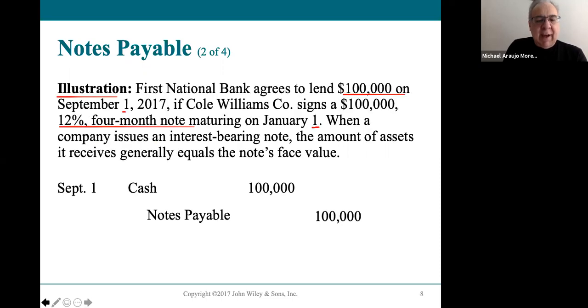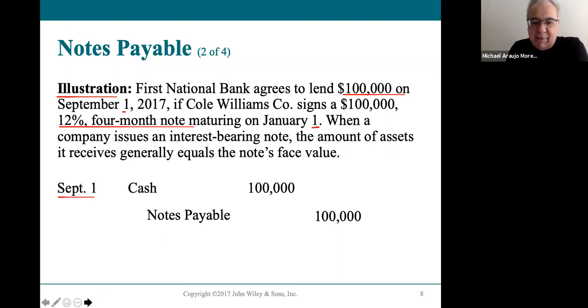Well, it's simply going to be a debit to cash and a credit to notes payable. That indicates that they've received more cash that day on September the 1st, but they've also created a notes payable for themselves. And that's all that happens on September the 1st.